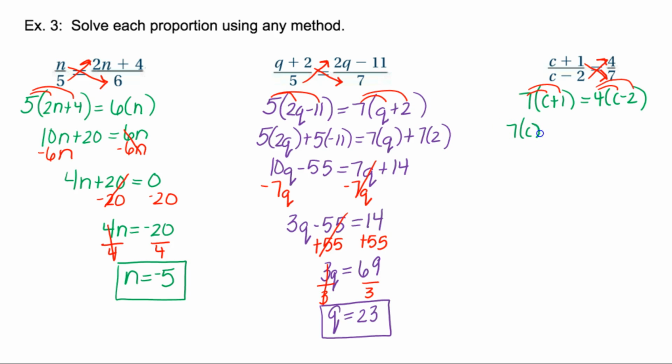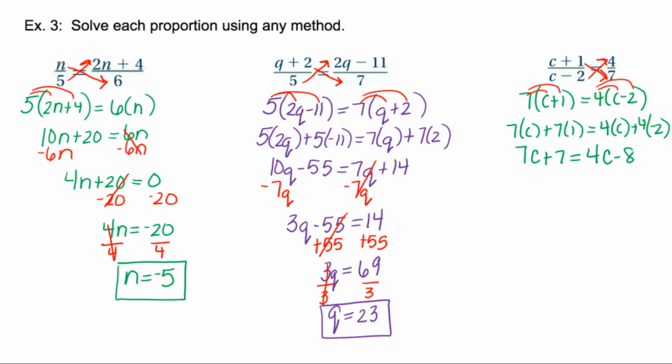So 7 times C plus 7 times 1 equals 4 times C plus 4 times negative 2. So 7C plus 7 equals 4C minus 8.